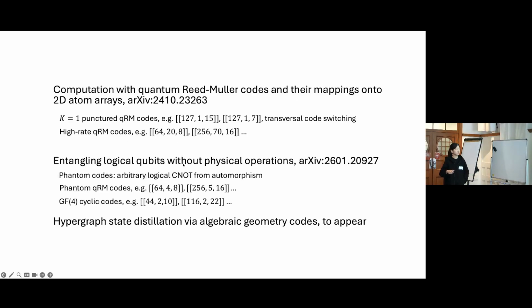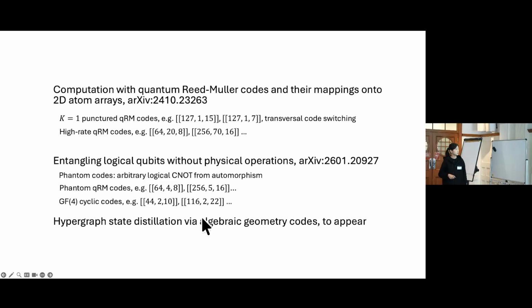By that, I mean freezing them either into all plus or all zero. This is promoting them into X stabilizers or Z stabilizers. So you will see later that by doing this, we get very good control on the depth of the logical circuit.